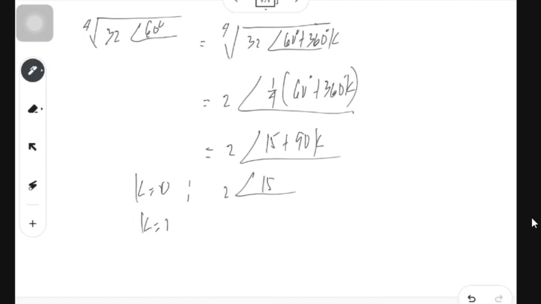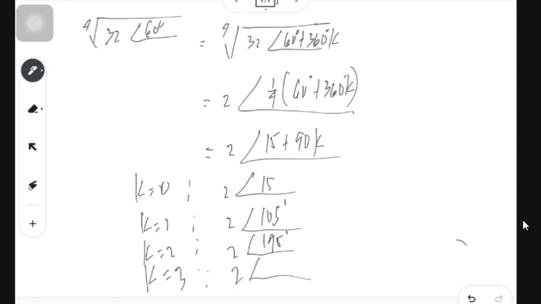K equal to 1, the result is 2 bar angle of 15 plus 90 is 105. With K equal to 2, then we have 180 plus 15, 195. Then with K equal to 3, hanggang 3 ka lang. 4 less 1 is 3. 90 times 3 is 270 plus 15 is 285. Those are the 4 roots of the given quantity.